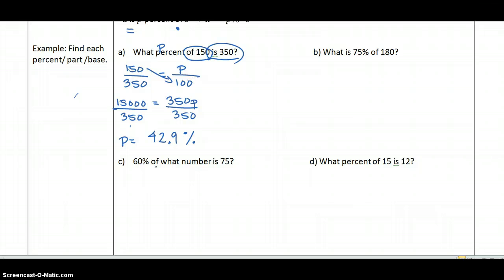Good. Next one. What is 75% of 180? What? That's your X. So if it's is over of, then what's going to go on top? The is.